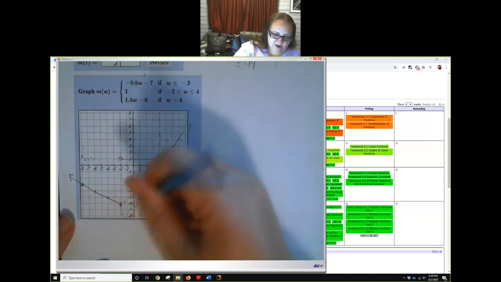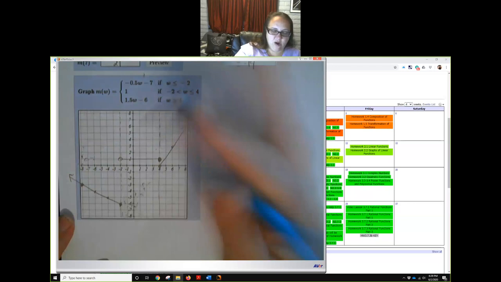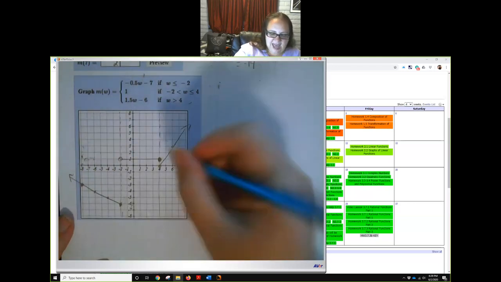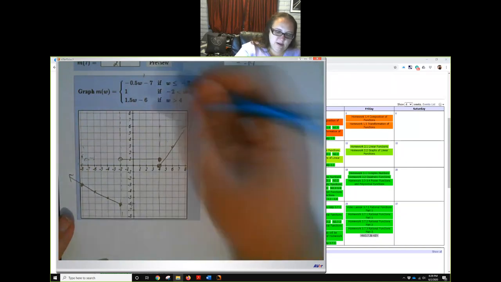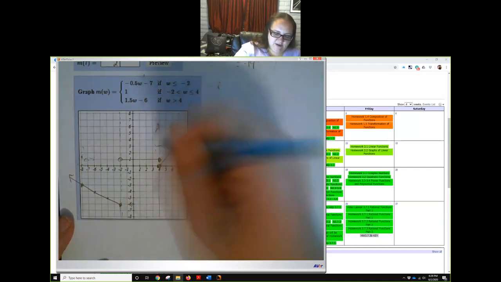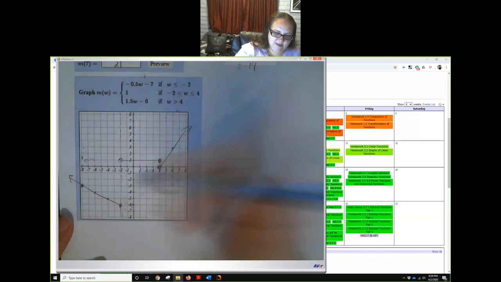So I'm going to get rid of everything that has an x value less than 4. And then at 4, I put an open circle. That's it, I'm done. I feel like I say that like it's easy, but these are not easy.